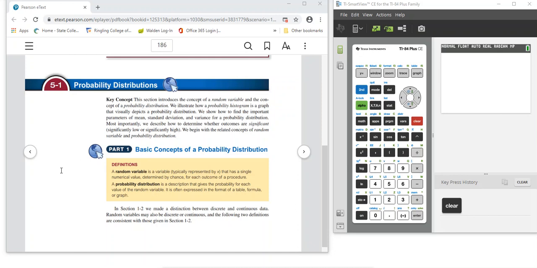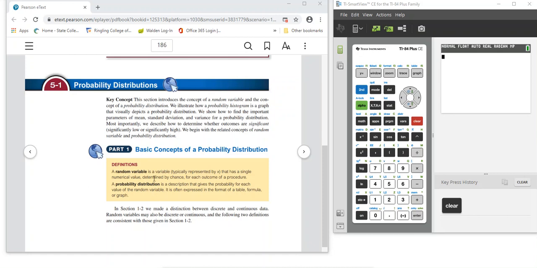A function has numbers that you would input into it, and then some operations are performed on those numbers, and then you get some output. And a random variable is just a function whose outputs are probabilities.